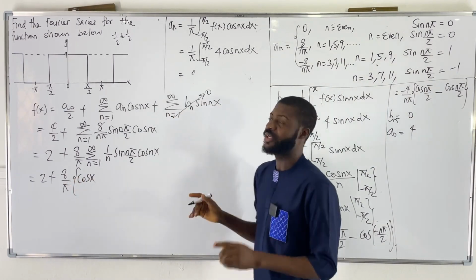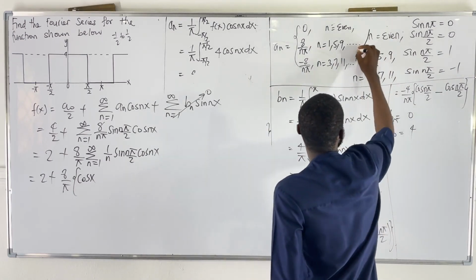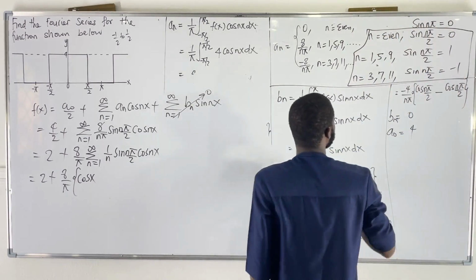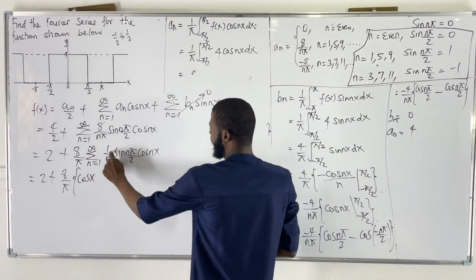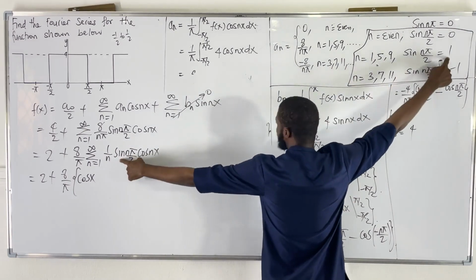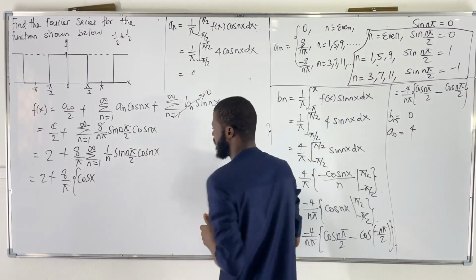It looks as if I'm using only this part. So 1 times 1, then cos 1x, which is just cos x.